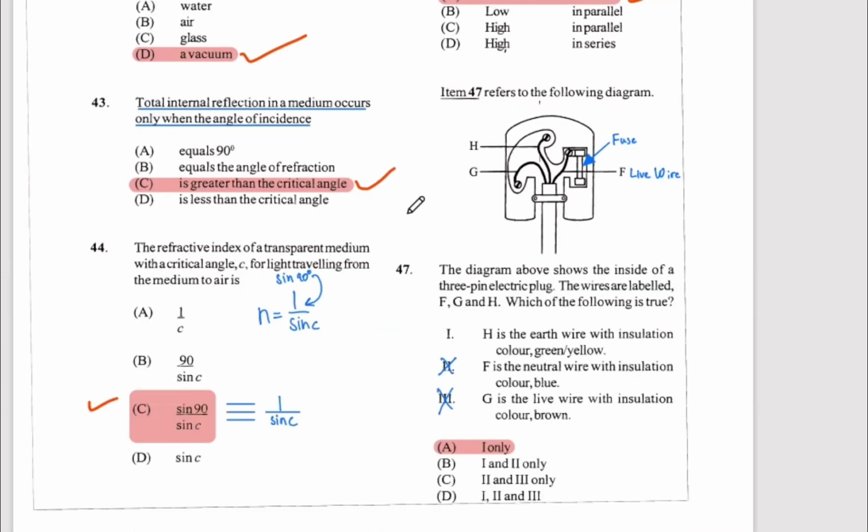Item 47 refers to the following diagram. The diagram above shows the inside of a 3-pin electric plug. The wires are labeled F, G, and H. Which of the following is true?